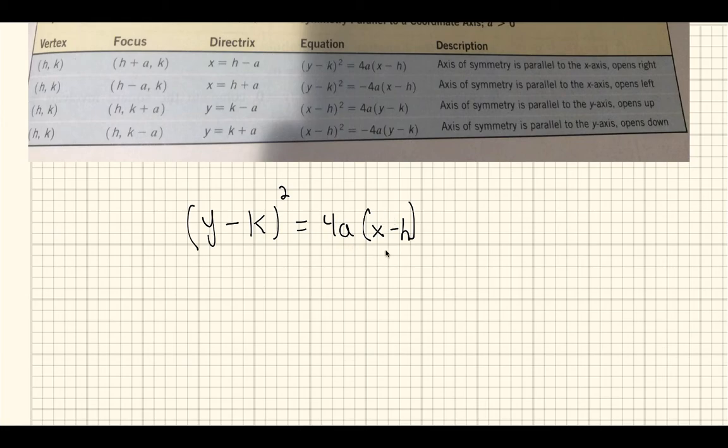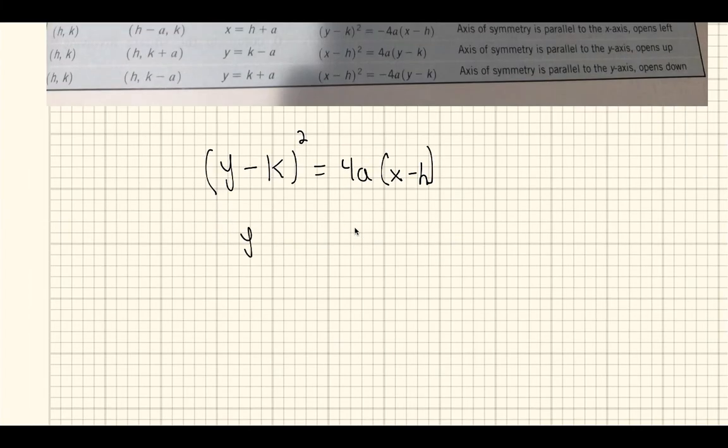In the examples we just went over, h and k were at the origin, 0, 0, which is how we got y squared equals 4ax when h and k are both 0. But if the vertex does move, then we do have this h and this k.